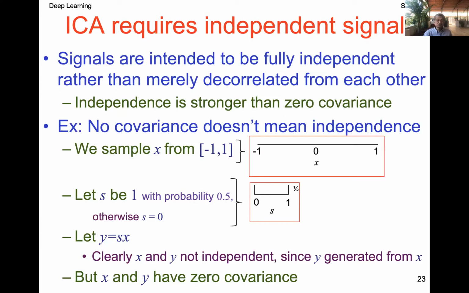They're dependent. But x and y have 0 covariance. Does y go up or down when x goes up or down? It says no, because that's getting modified by this value between 0 and 1.